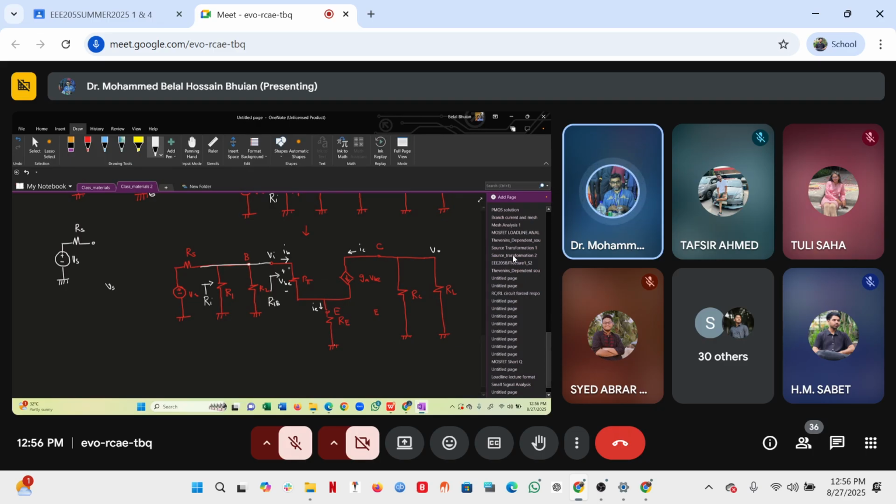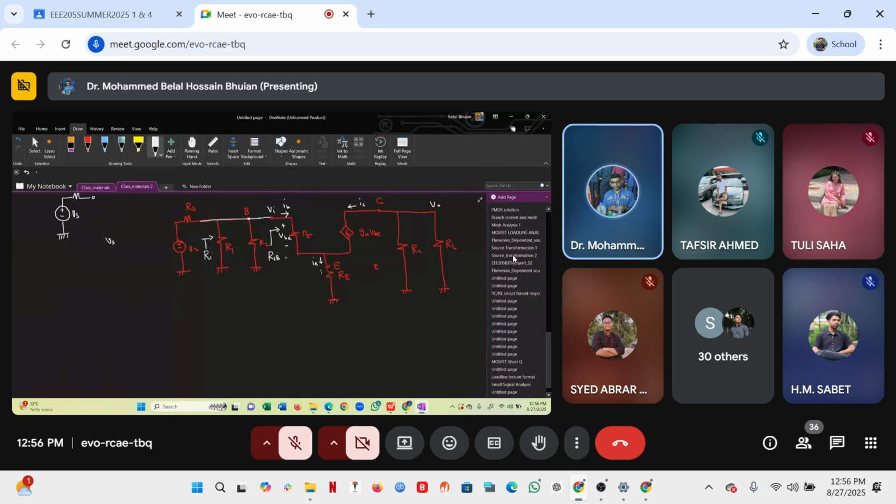If I apply KVL from this point up to this point, a partial KVL, I get the emitter current entering, plus IE RE, minus IB R pi, equal to VI after doing the partial KVL.